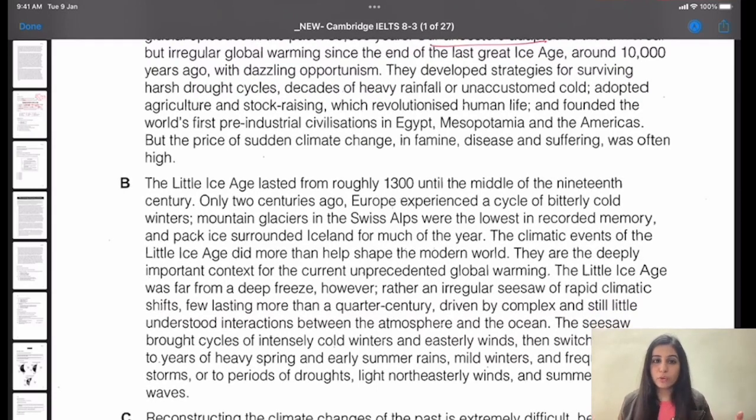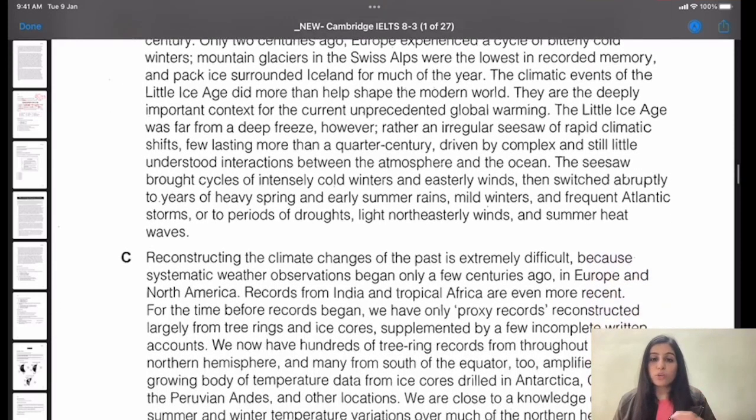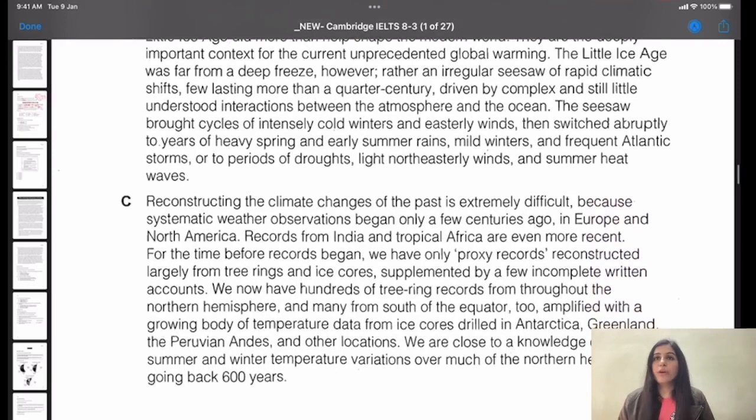So it's basically giving you examples of how sudden climate change has affected people and how people have responded to it. The second one, B, we have already discussed in the last video. Here they're telling you the importance of the little ice age in shaping the modern world. So they're not talking about the weather records or how the weather was documented.